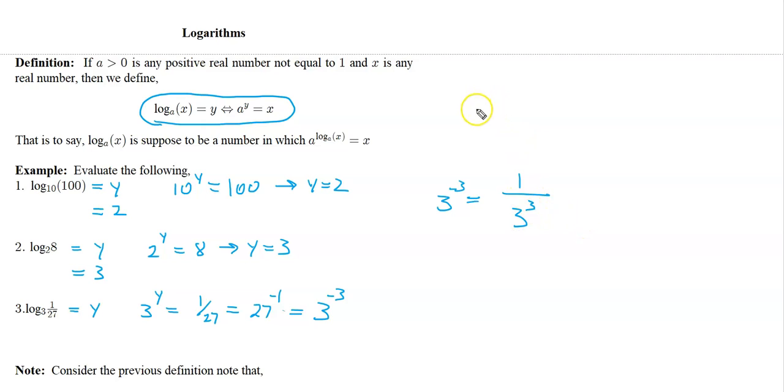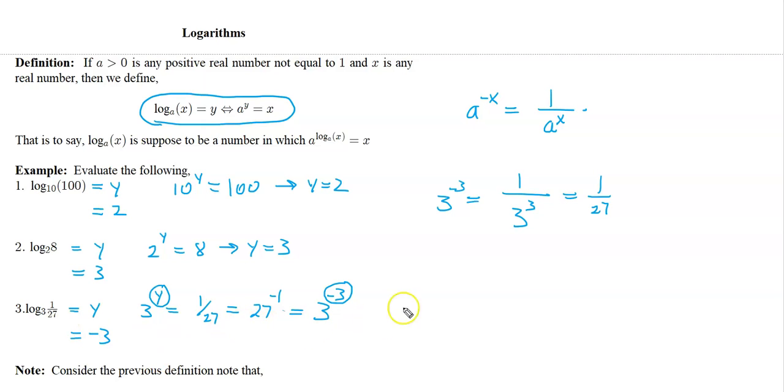Always keep that in mind. You have to recall your rules for exponents when we're doing this material. A to the negative x is 1 over a to the x. You must review all your rules for exponents. So 3 to the negative 3rd is 1 over 3 cubed, which is 1 over 27. So therefore, the y right here must equal this quantity right here, so negative 3 works. So therefore, this quantity is negative 3.